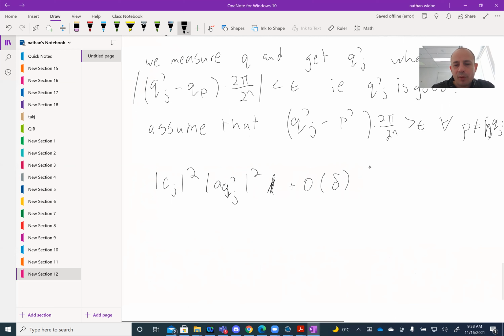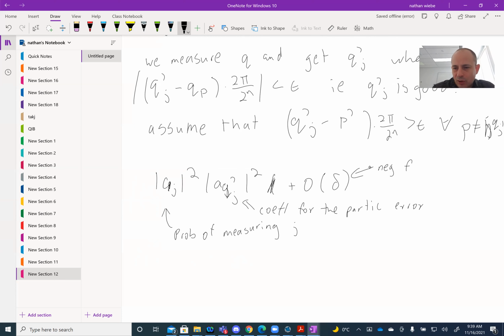So this will be the probability of us getting it, and this is the probability of measuring the state with the value j. Now this is the coefficient corresponding to the particular error, and this is a negligible failure probability.